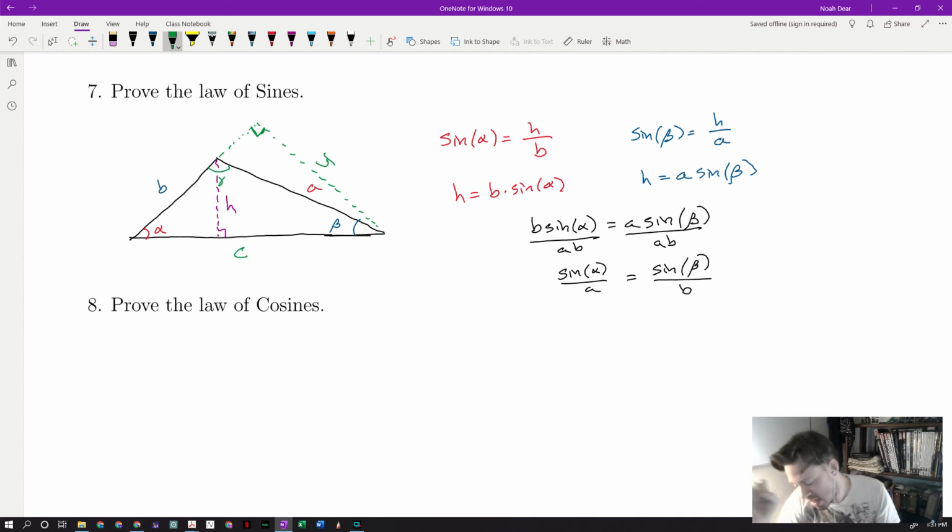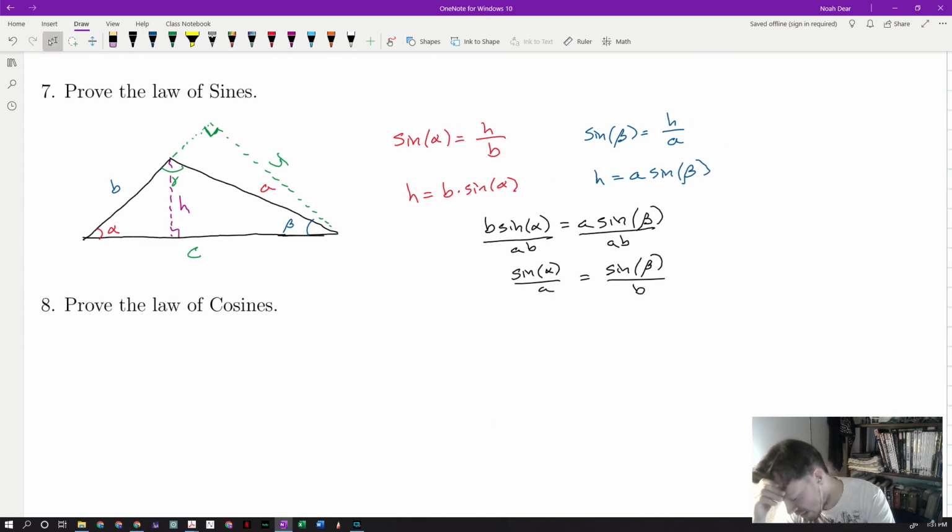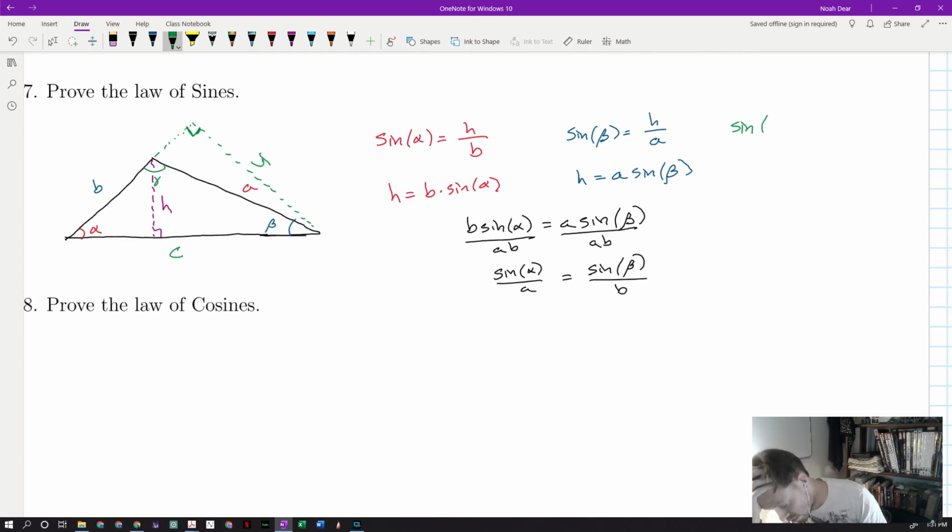This is side length C. I was just going to say that we can do this by symmetry. All right, this is going to take a little bit more work. I mean, really by symmetry, this should all work out because I could have labeled these in the other way, and we get the sine of gamma over C equals these other two.